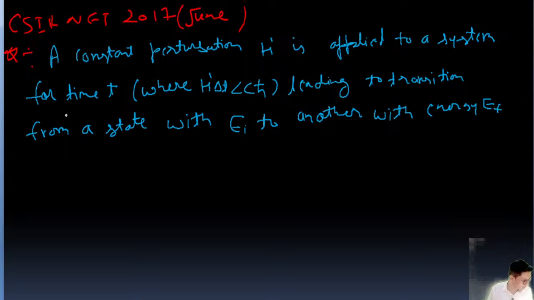Okay, the constant perturbation we have applied for time t, leading to the transition from the initial state to the final energy state.